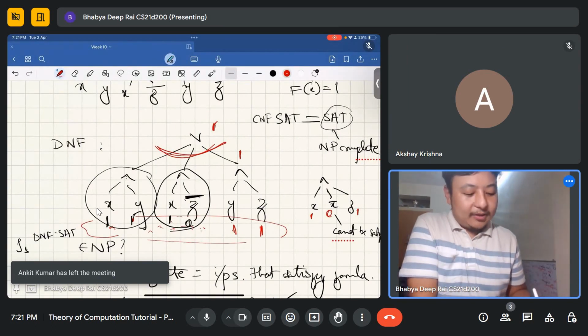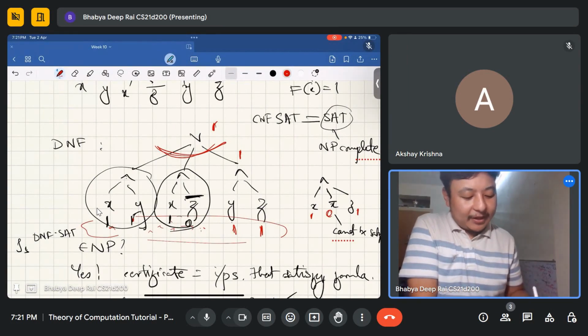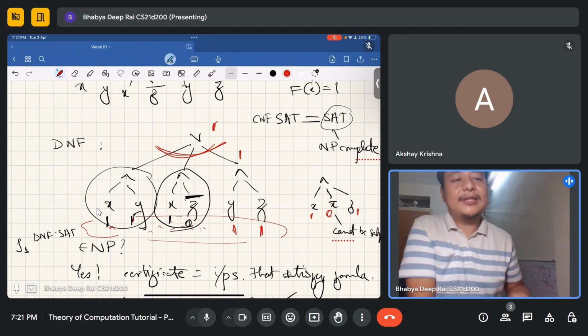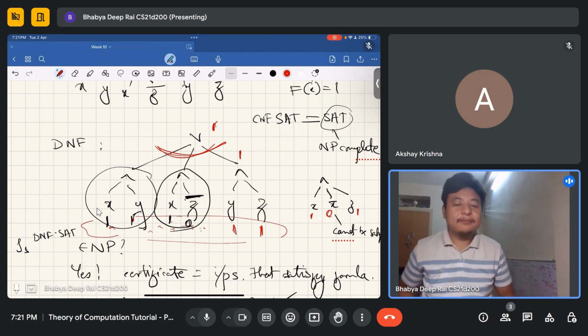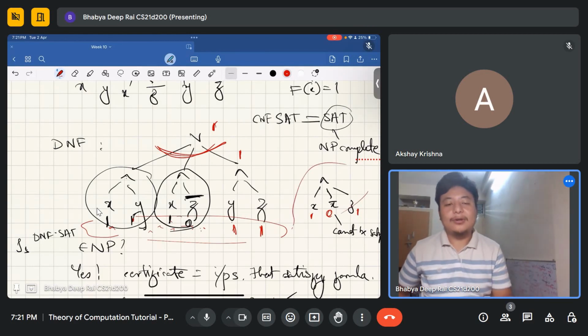Okay, but this is a problem, right? I cannot have x being 1 and 0 at the same time. So this cannot be done. So this is a bad case, and this is what we want to avoid.